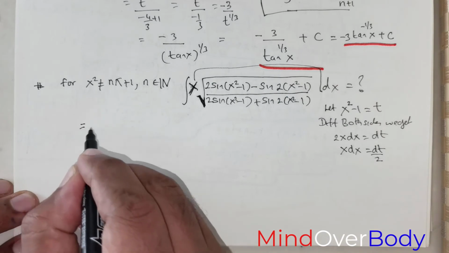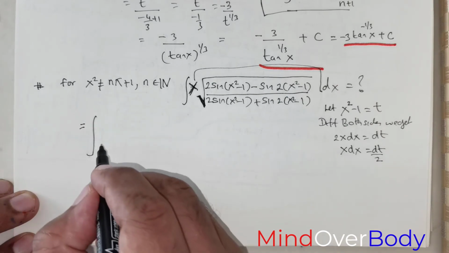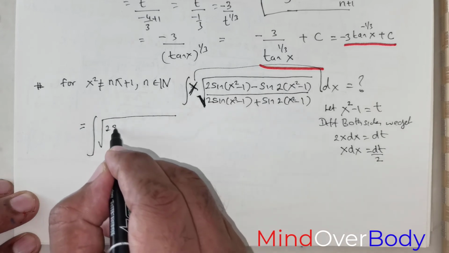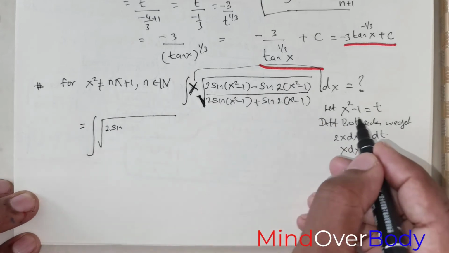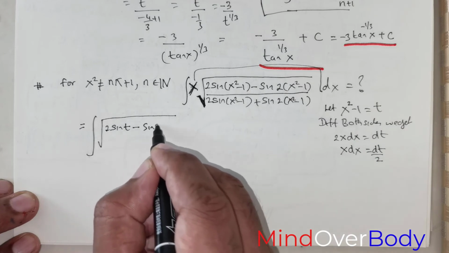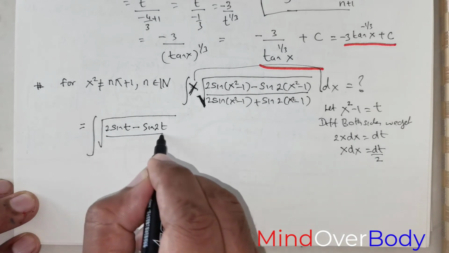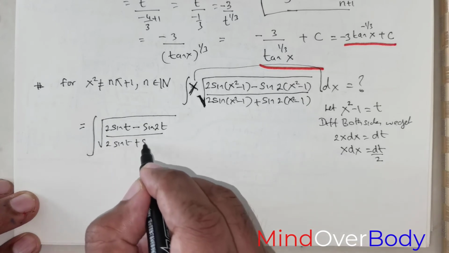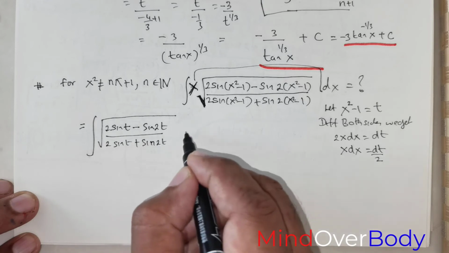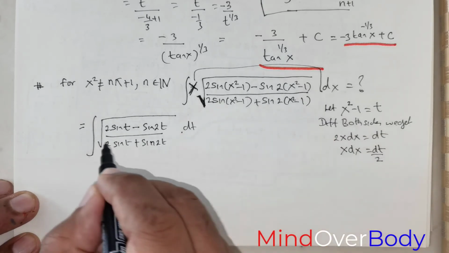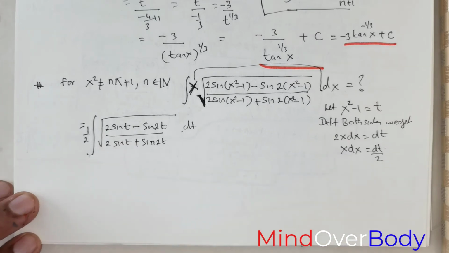So this is equal to integral square root of (2 times sine (x squared minus 1), which is t, minus sine 2 times t) over (2 times sine t plus sine 2t), times x dx, which is dt over 2. I can place the 2 here.